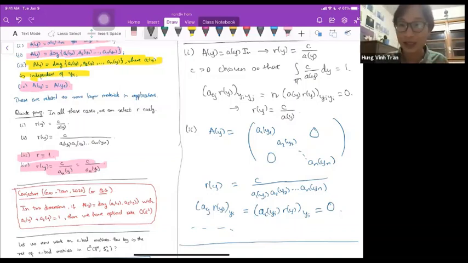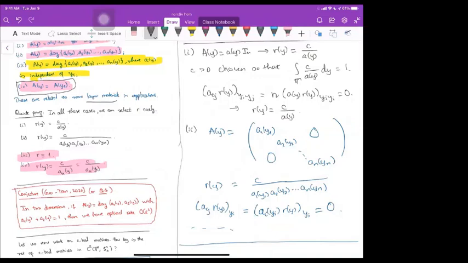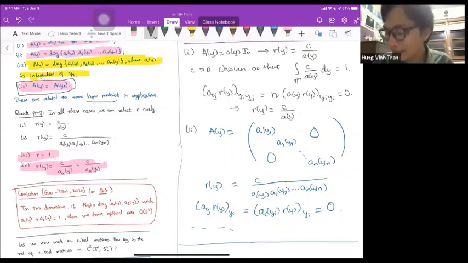One thing I want to mention is that those examples are natural, and they do appear in applications. For example, in the last case, when A(y) depends on only y_1, this is often called layered materials, or laminated materials.